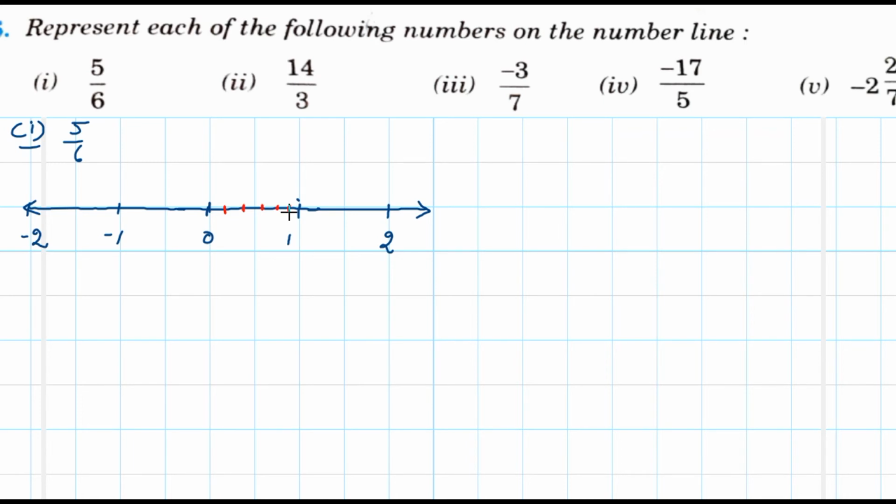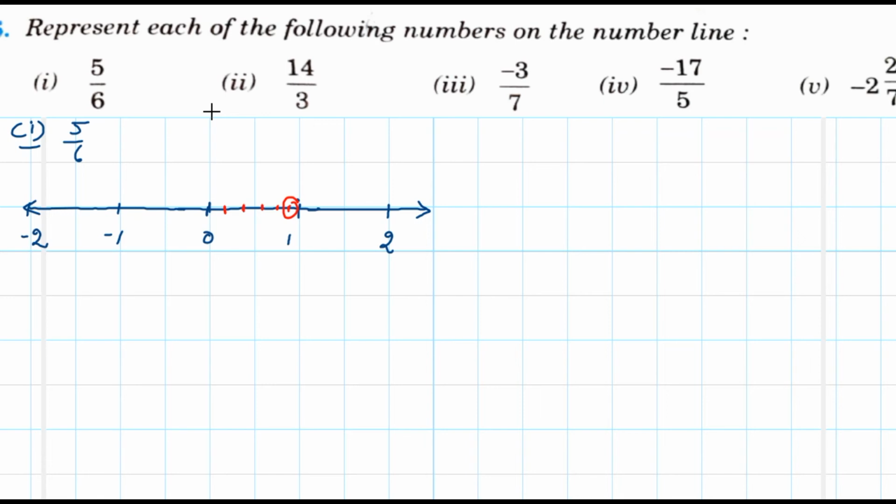Right, and now for showing this 5 on the number line, I have to take 5 parts out of that 6. So 1, 2, 3, 4, 5. This is the 5 parts out of that 6. So what would this represent? 5 upon 6.